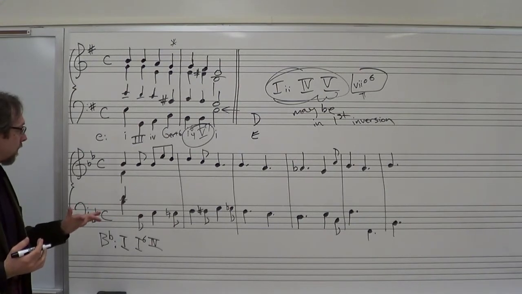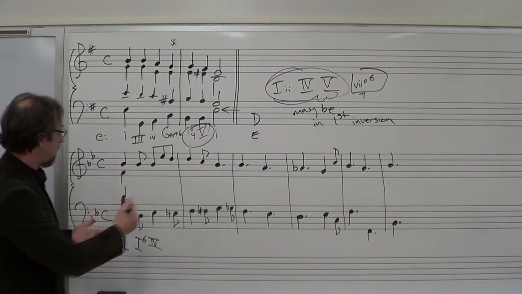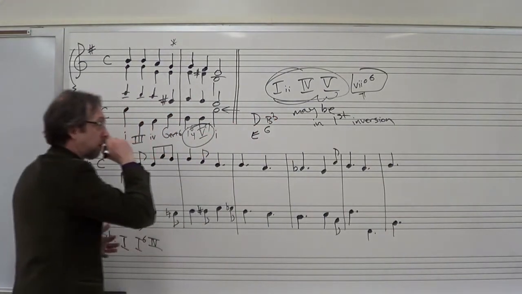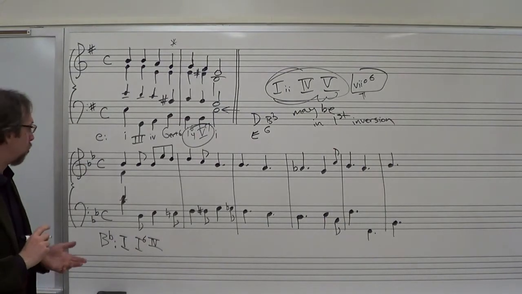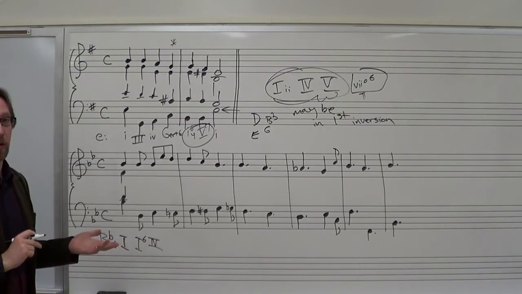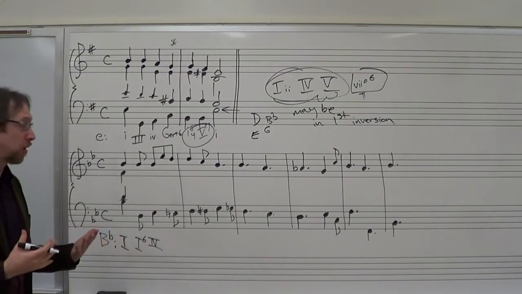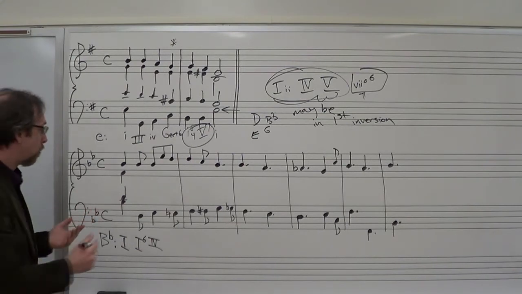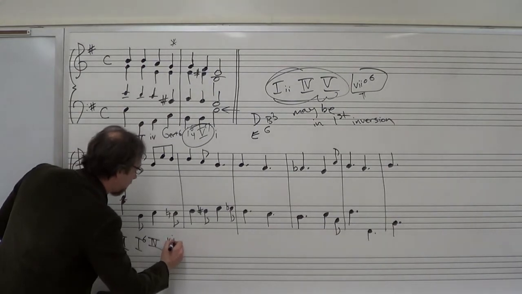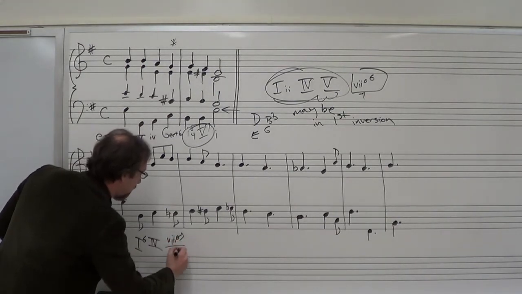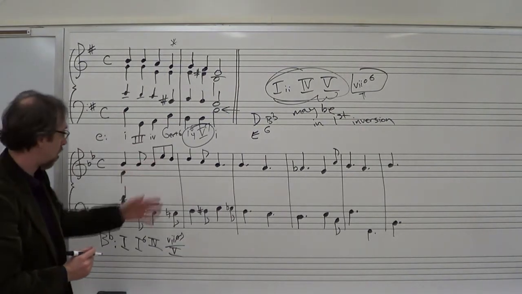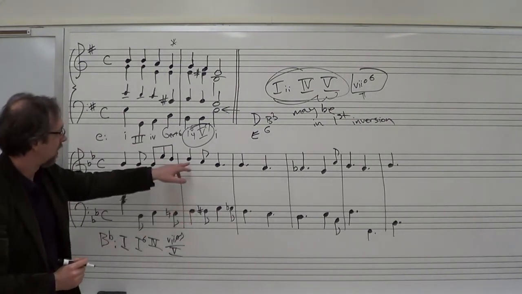So E to D, and if we could add the diatonic notes of G and B flat, that would be a half diminished 7 sonority. So a secondary function, one of the first things you should consider, that would be a half diminished 7 of V.